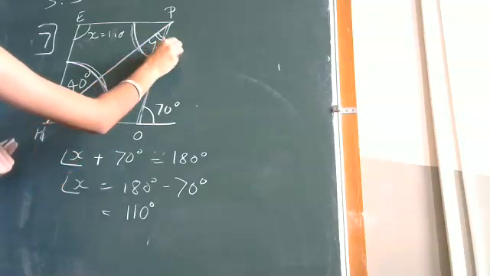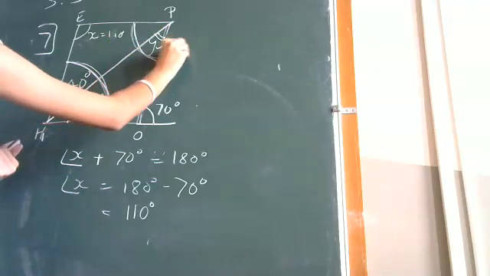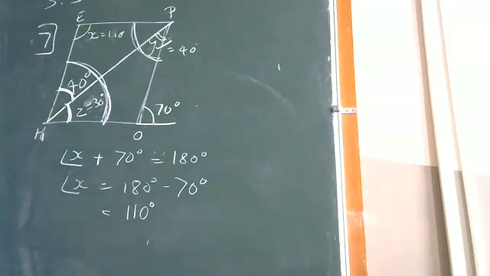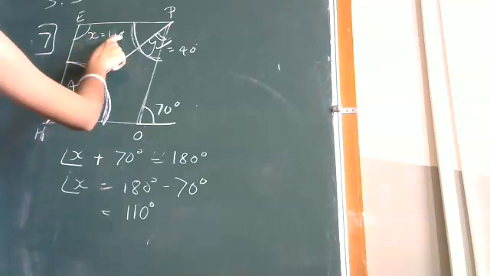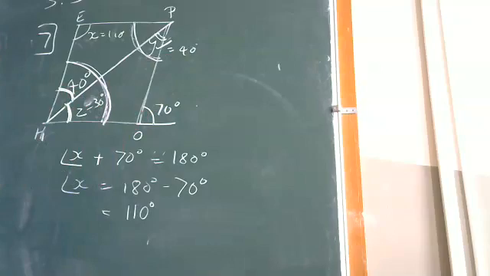Z was 30. And y was 40 degree. So all the question asked us to find x, y and z. So we found out all x, y and z. X was equal to 110, y was equal to 40 and z was equal to 30 degree.